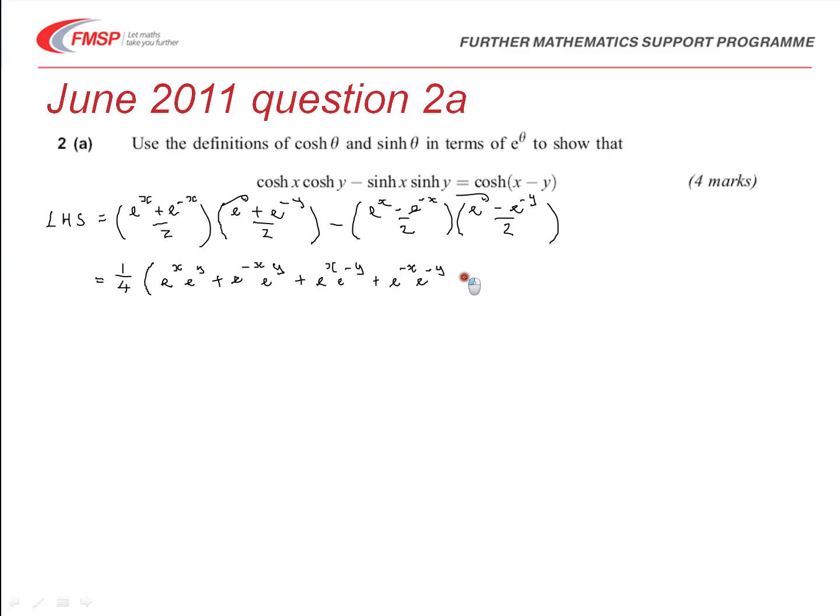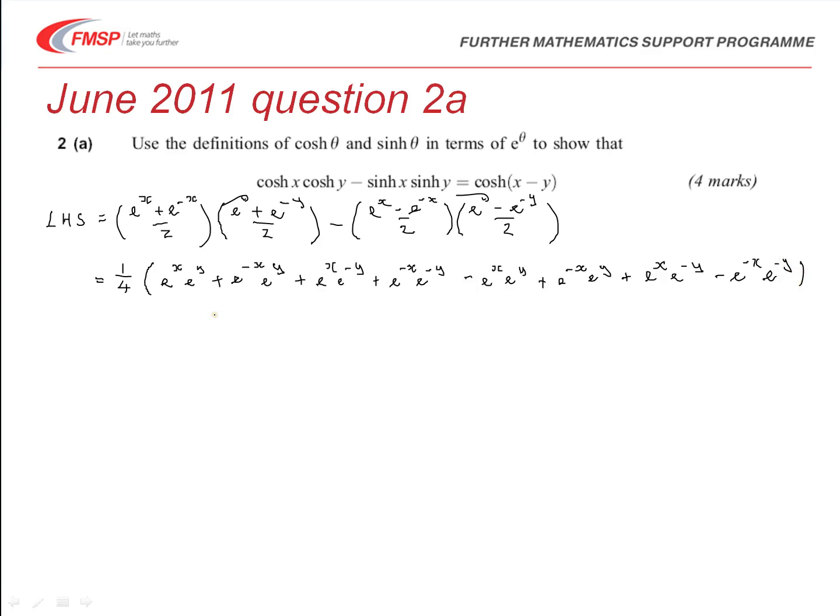And then from that we're then going to subtract e to the x times e to the y, and then we would subtract, but it's going to be e to the minus x e to the y, and there's two negatives will result in that being plus e to the minus x e to the y, and then similarly we're going to have plus e to the x times e to the minus y, and then the last term will be minus e to the minus x e to the minus y.